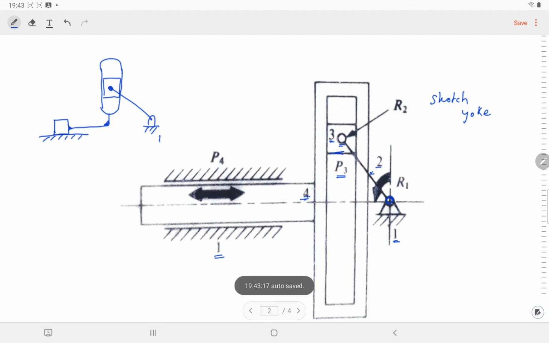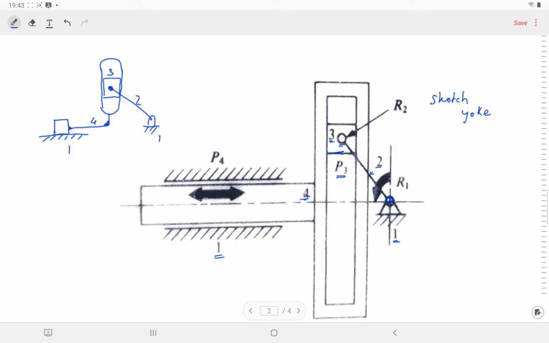So this is link 1, this is 2, this is 3, and this whole thing is 4. Okay, maybe this picture will give you more clarity.